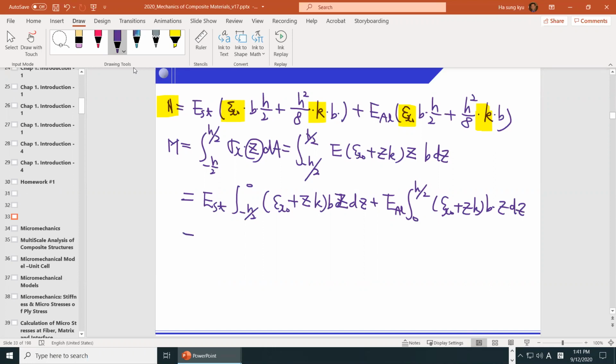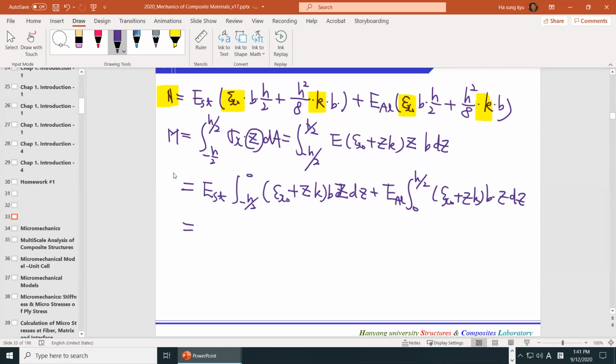So this integration can be easily done. Say E steel, and here epsilon x0 and z is here. So integrate, what do we get? Well, we get epsilon x0 plus, well, there's a b there, and this is a half H.